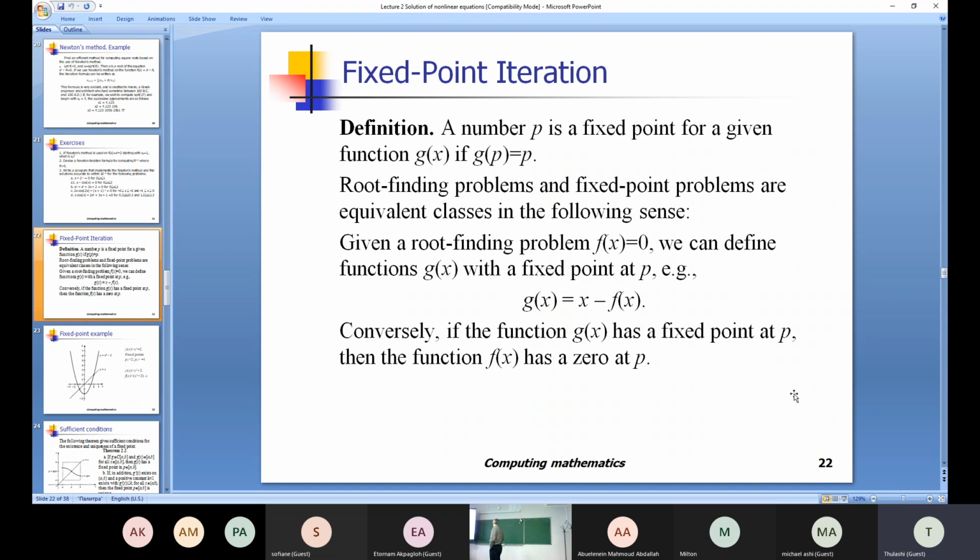Very simple question for you. What is a fixed point for the function x squared? What will be the fixed points for the function x squared?